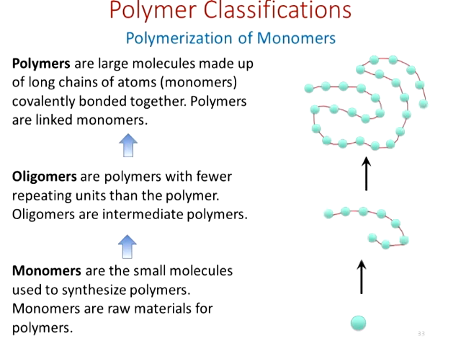We have these classifications because of the monomers we choose. These monomers are polymerized into oligomers, which are intermediate, small chain polymers, and are further polymerized into thousand-unit chains, what we call a full polymer.